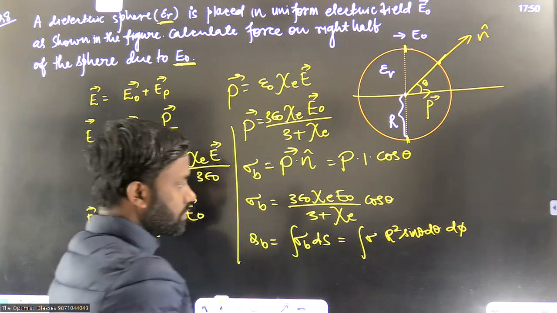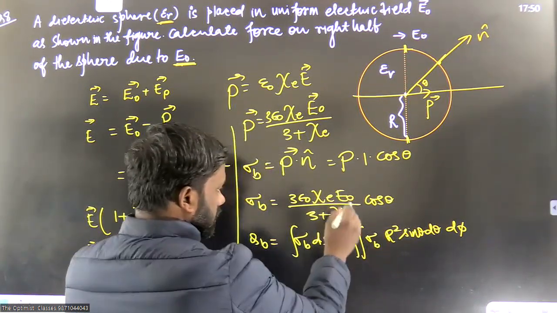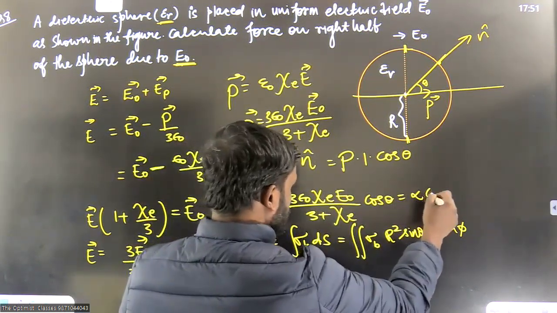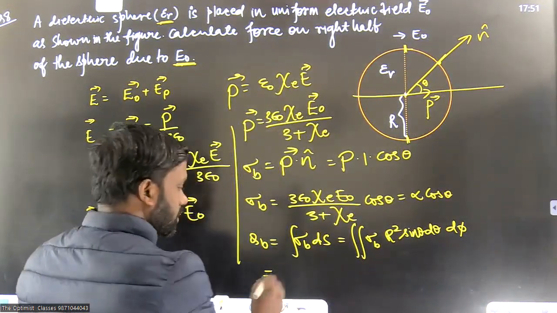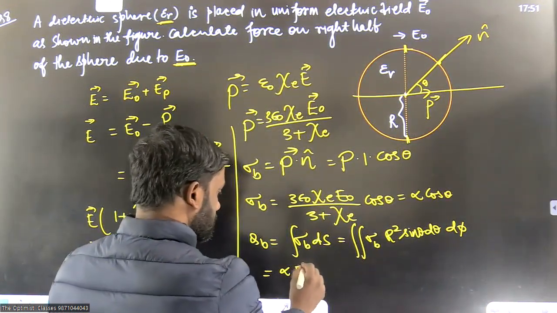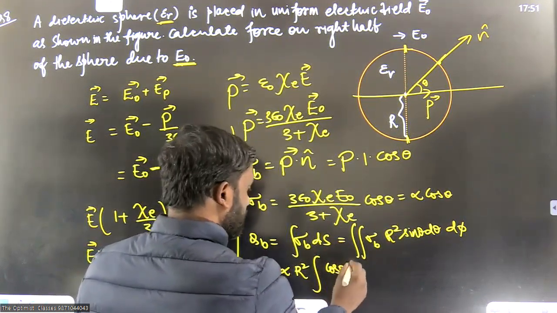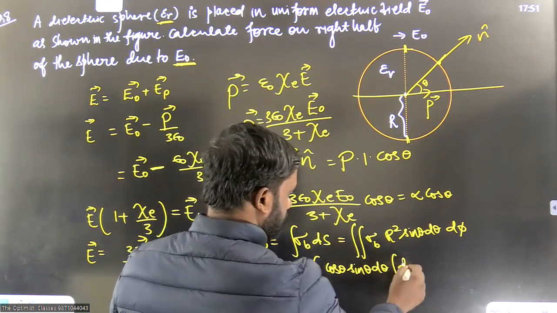So this is a double integration. So we can put these things here. Let us write it as some alpha and cos theta. Later on, in place of alpha, I'll write all these things. So here we'll get alpha, and this r square term will come outside, and we'll get here cos theta sine theta d theta, and there is d phi term also.